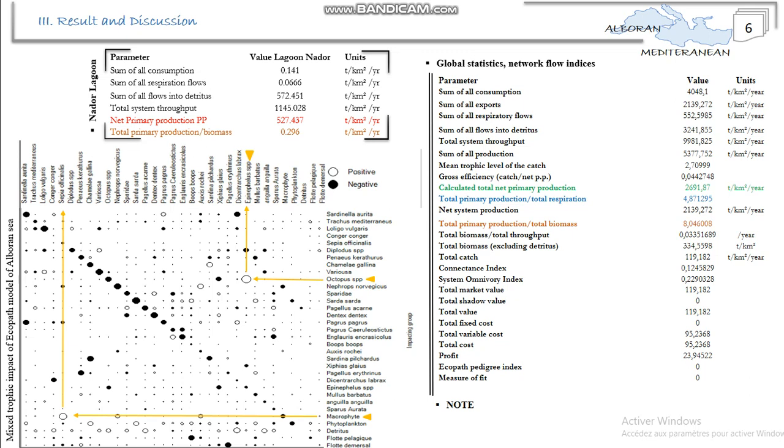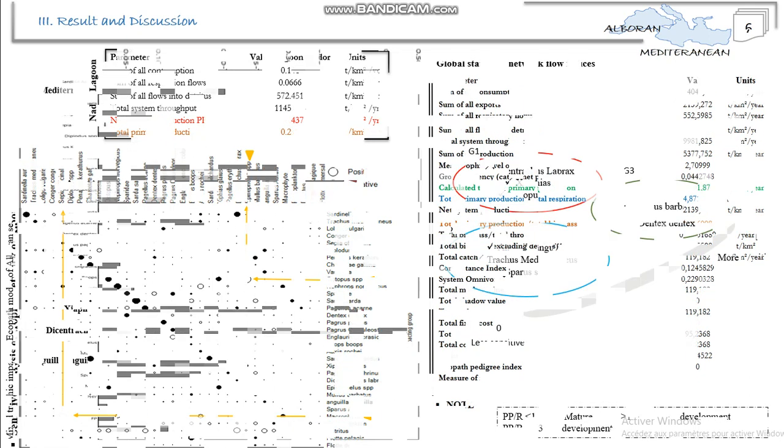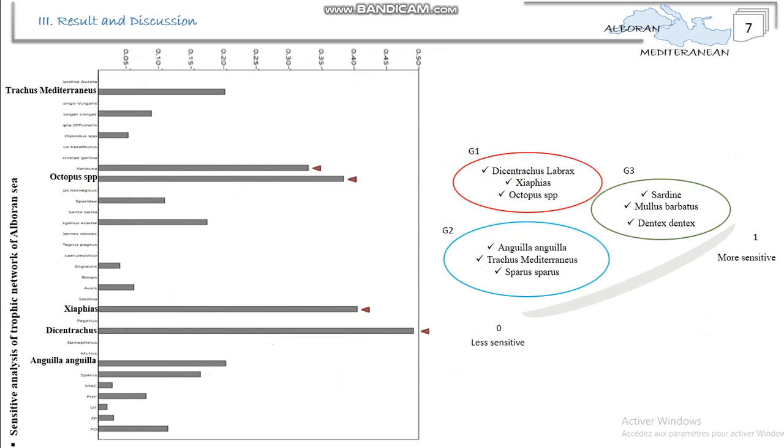Also the sepia, which is impacted by the microphytes that put it in a high condition of food resource. So our model's results were really approximate to the real situation.